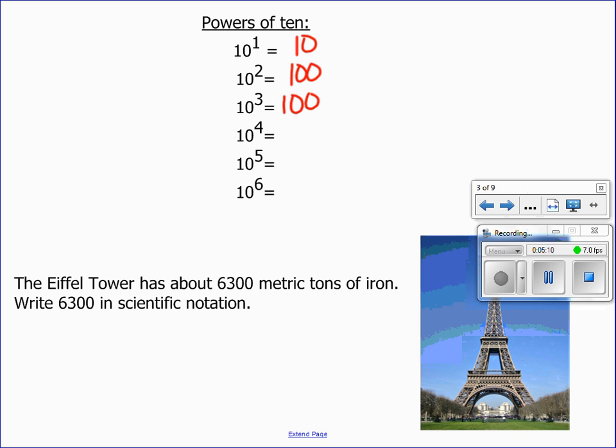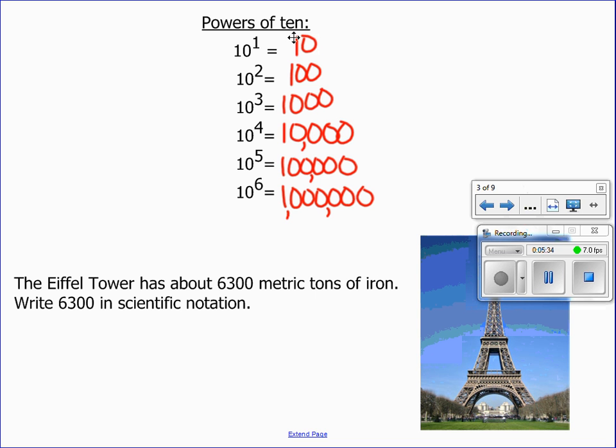So when you have a power, it actually denotes how many zeros you will have. So again, each of them denotes the place value that you're going to be moving the decimal.